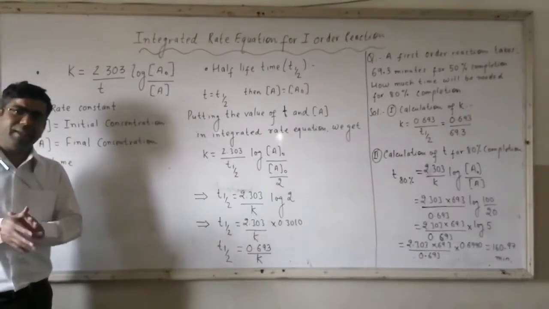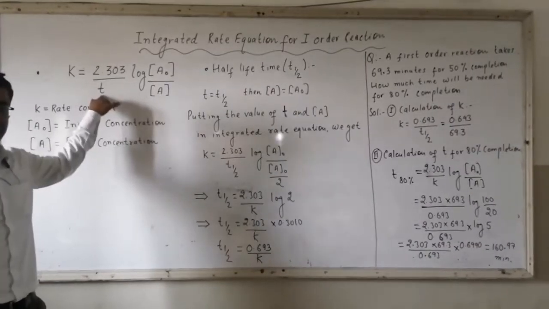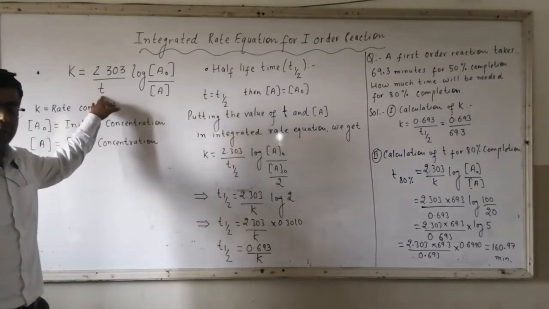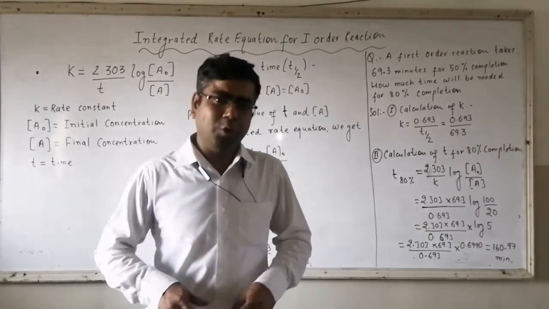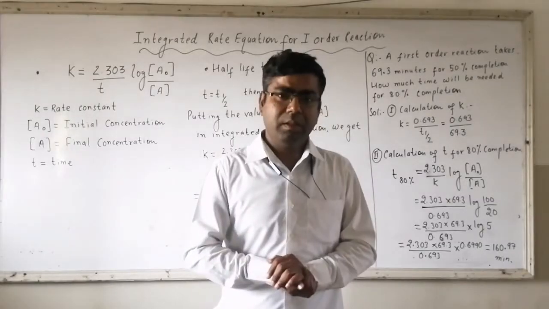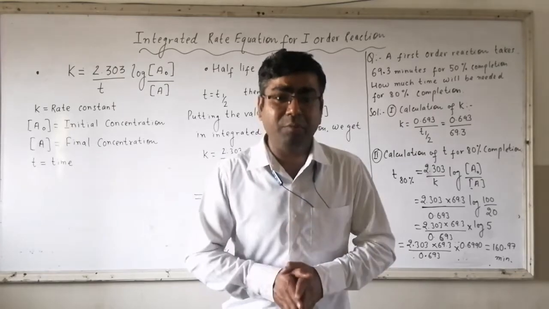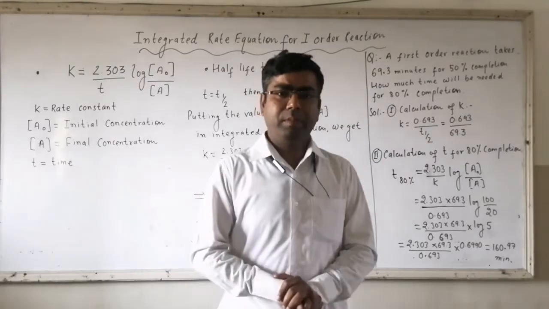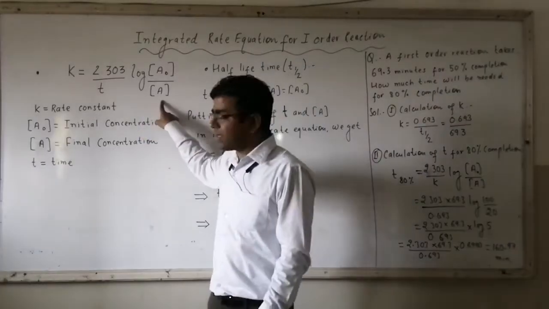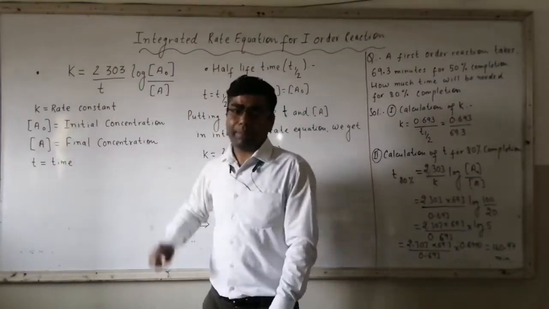A is the final concentration which is left after time t. Suppose 20% of the reactant is consumed after time t, then the value of A, that is final concentration, will be 80% because 20% has been consumed. It is the final or left concentration of the reactant after time t.